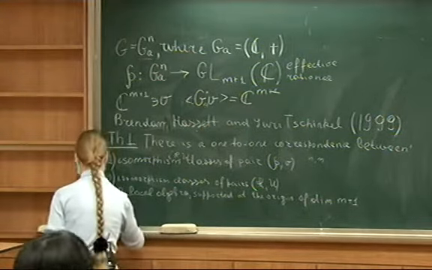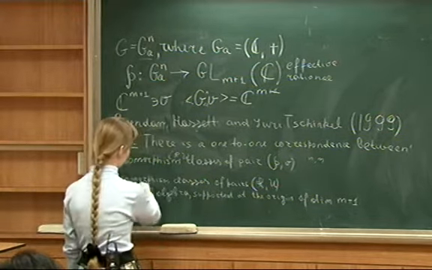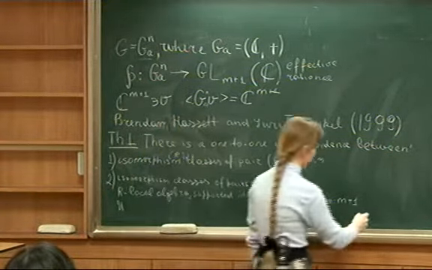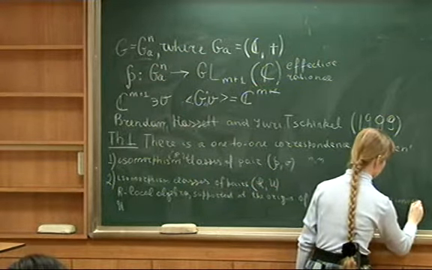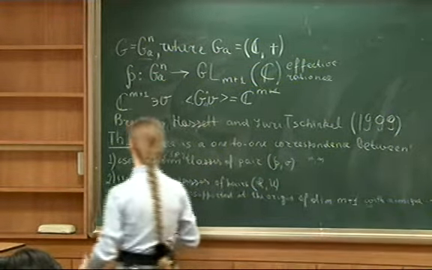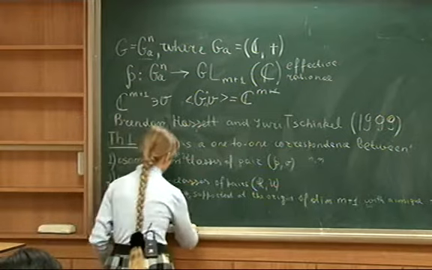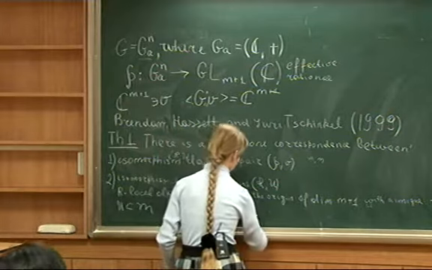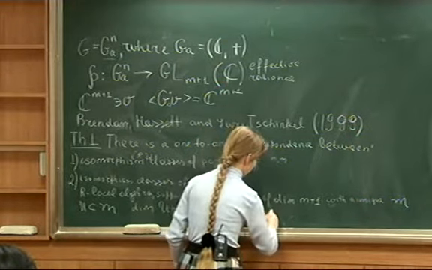Local algebra means that it has a unique maximal ideal M. And U is a subspace in M such that dim U is n and U generates the algebra R.